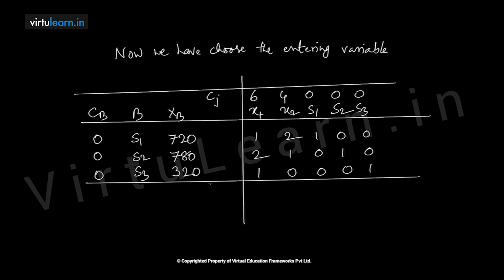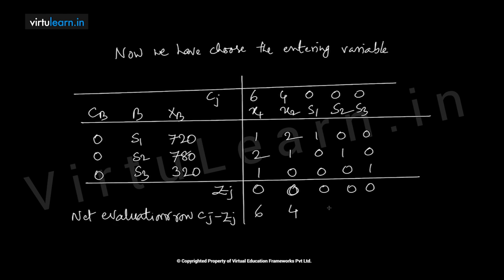So Zj is equal to 0, 0, because 1 into 0, the same thing what we have done, we are putting that only here. And then the net evaluation row we will write as it is, that is Cj minus Zj, that is 6, 4, 0, 0, 0.